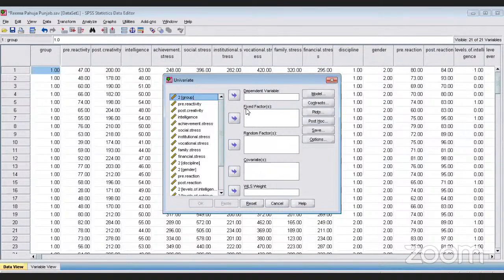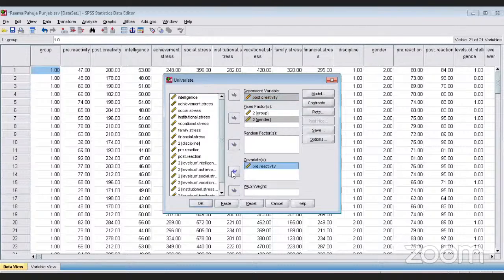So these are the fixed factor. I put it here. The gender is here. So I shift it to the fixed factor. So the gender has come. My dependent is post creativity and pre creativity is covariate. So I have entered.